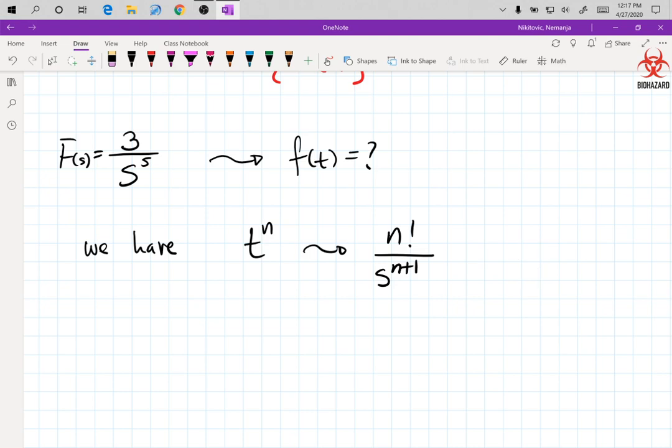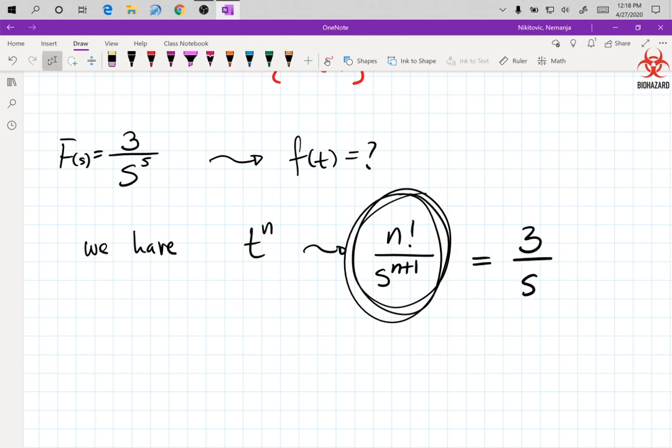So what have I done? This is the problem that I need to convert. I look at the chart in the Laplace transformed, f of s column, and see what is close to it. And the one that is close to it is this t to the n business. So this needs to equal 3 over s to the 5.